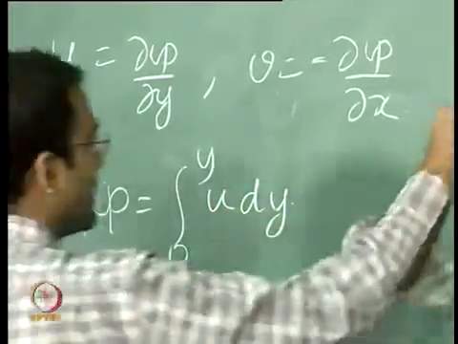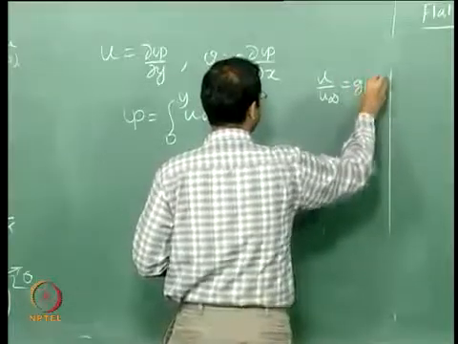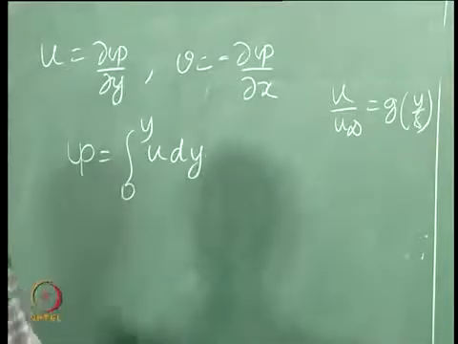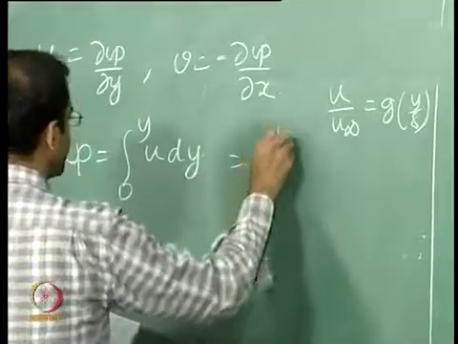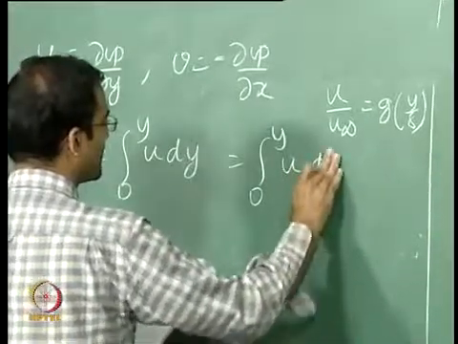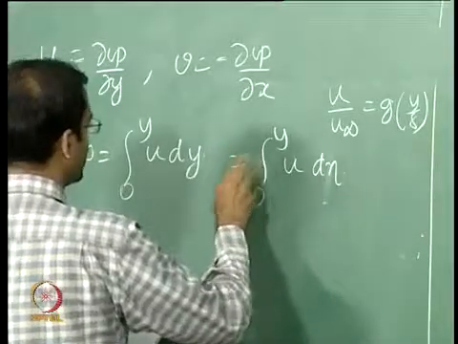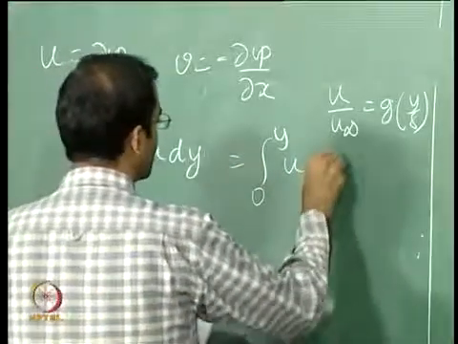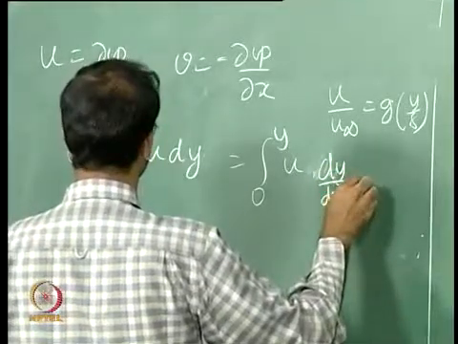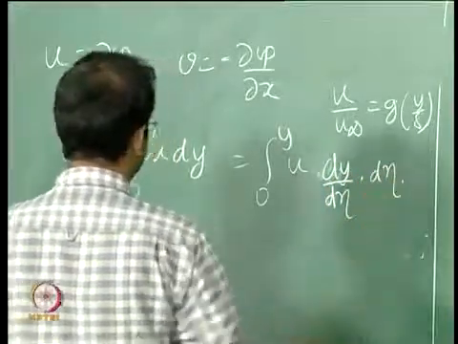and already I know u by u infinity is nothing but g of eta, or g of y by delta. So I can just substitute in terms of delta here. This is the integral from 0 to y of u dy by delta, which is d eta into delta, or I can just say dy by d eta. So I can directly transform it this way.